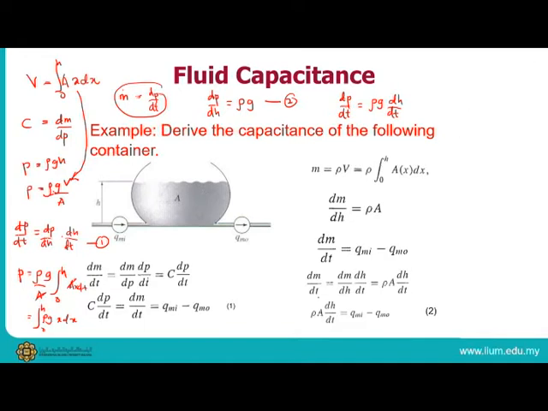Because the m dot is equal to dm over dp times dp over dt, right? dm over dp is C, and dp over dt is the whole equation here, which is rho g dh over dt. And then this should be equal to qmi minus qmo, which equals C rho g dh over dt. So this is basically your answer.